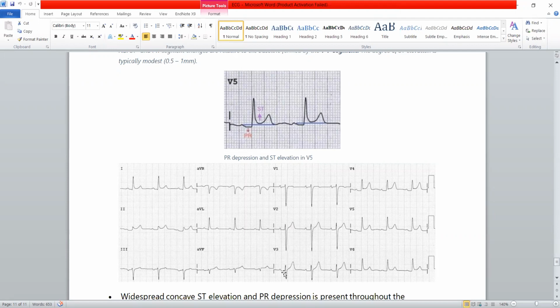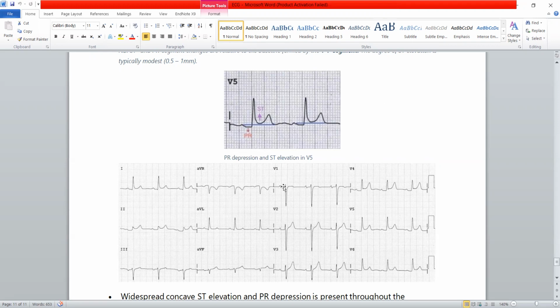Similarly, look at this. The R wave and S wave have almost become the same size. Here the R wave is small. Here its size increases a little bit. Here it increased and became equal to the S wave. In V4, the R wave is larger and in V5 even larger.